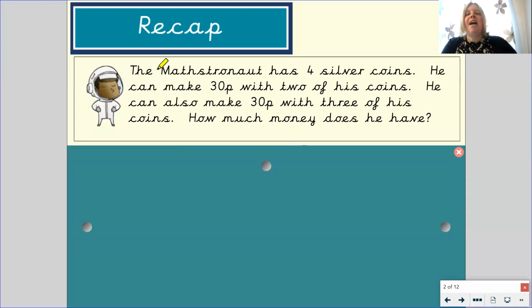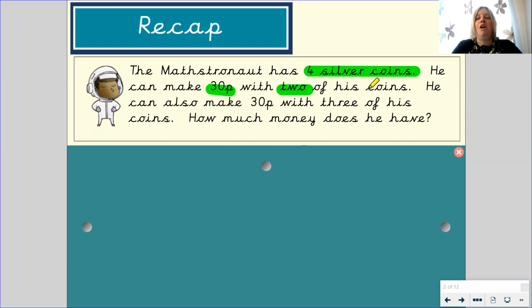The astronaut has 4 silver coins, so we know he has 4 silver coins. He can make 30p with 2 of his coins, so we know that he can make 30p using 2 of his coins.